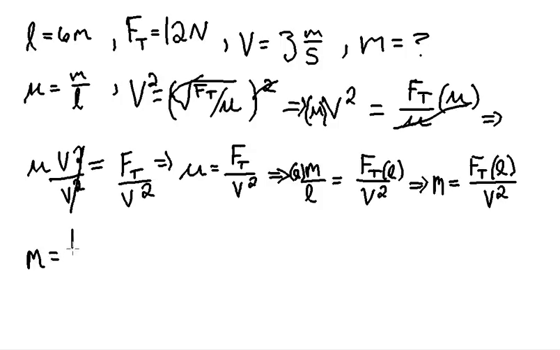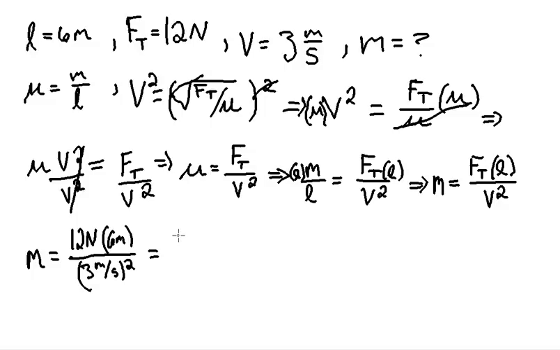So the force of tension we can plug in now, 12 newtons, multiplied by the length of 6 meters. And then we divide that by the velocity, which is 3 meters per second. But first we're going to need to square this thing.